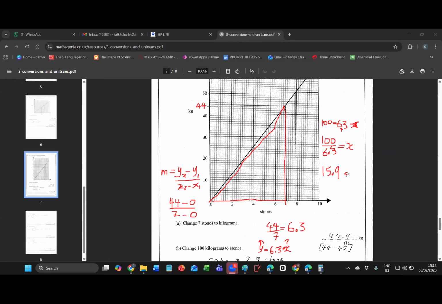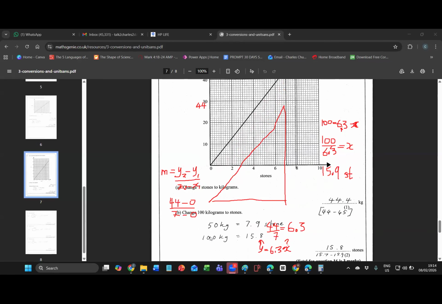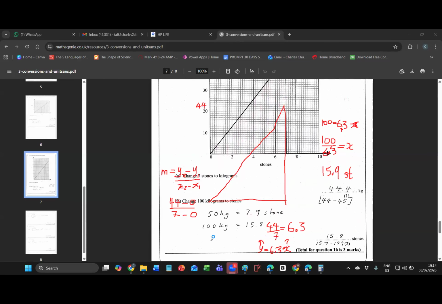If you check it, you see that's exactly what they got there, or something close. Can you see that they got 15.8, which is really close to what we got, 15.9, same thing. All right. So at least you got a bit of the concept, right?